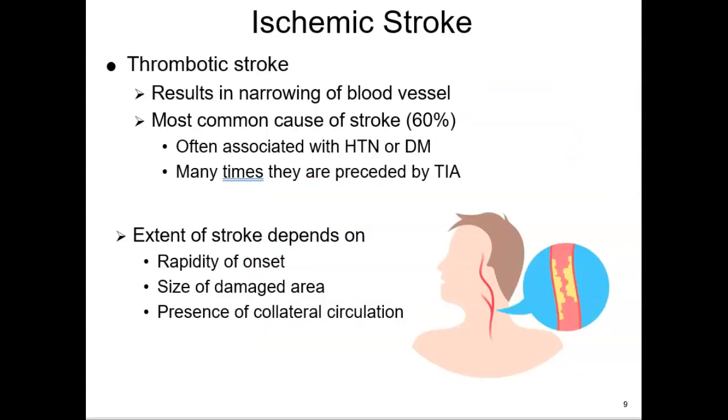It's basically thrombosis at a narrowed atherosclerotic vessel. So you can see the picture there. The person has a very narrowed artery, and then you get a thrombus there. A lot of times the risk factors are age, hyperlipidemia, hypertension, and they are more likely to have had a TIA before.